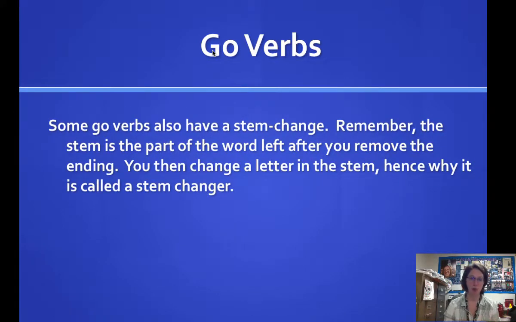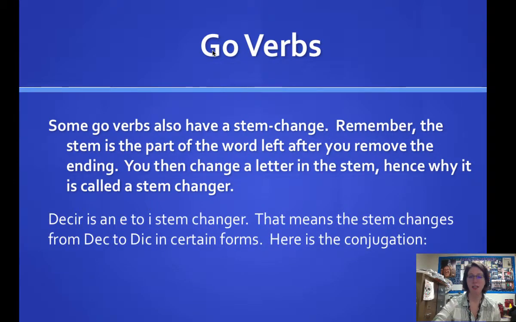Okay. Now, some go verbs also have a stem change. Remember, the stem is part of the word left after we remove the ending. Then you change a letter in the stem, hence why it's called a stem changer. We've already learned a bunch of these, so some of this should be a little bit of review. Decir is an E to I stem changer. That means the stem changes from DEC to DIC. And it's a go verb. So this is what it looks like.